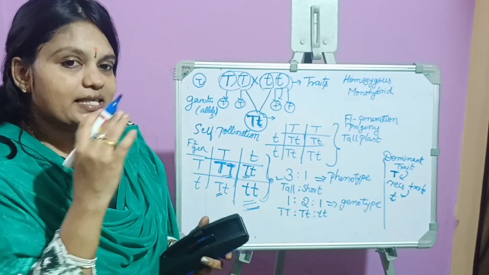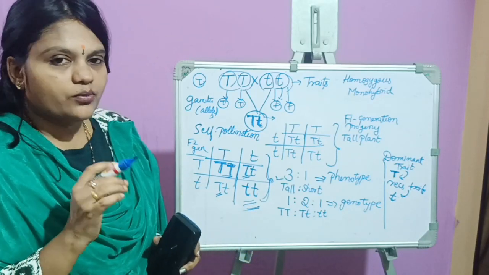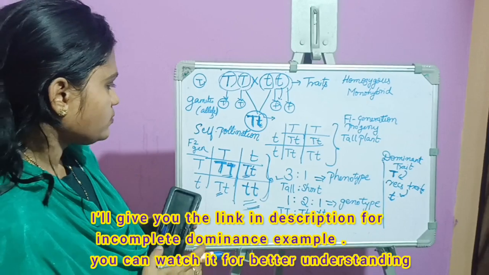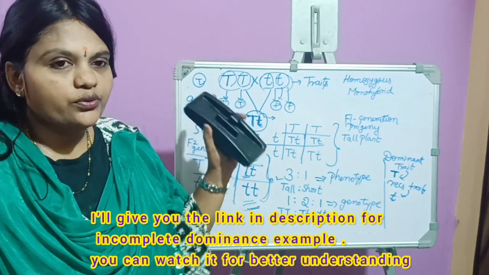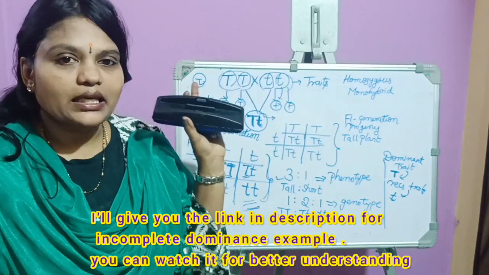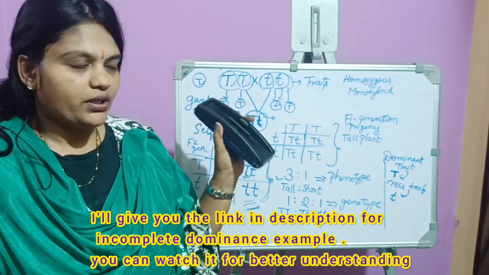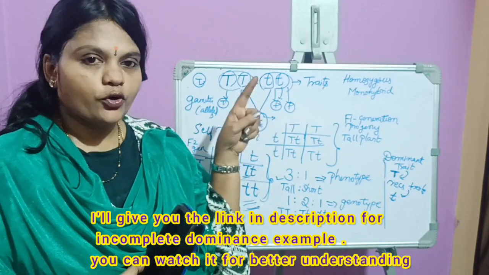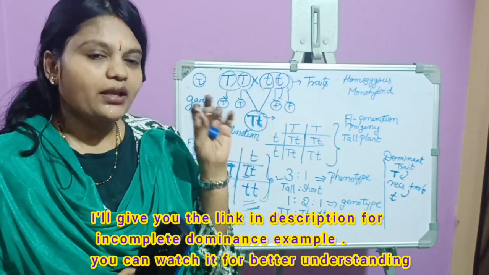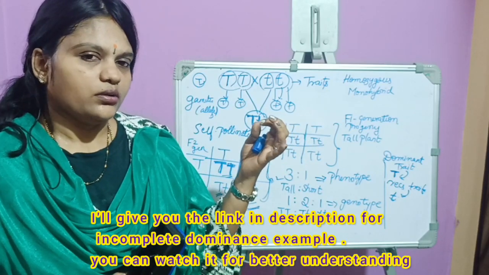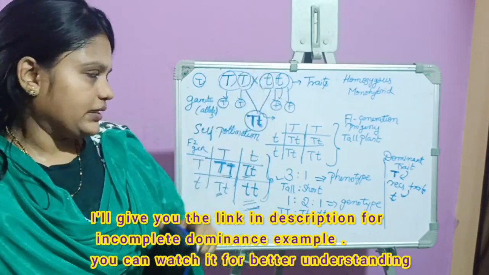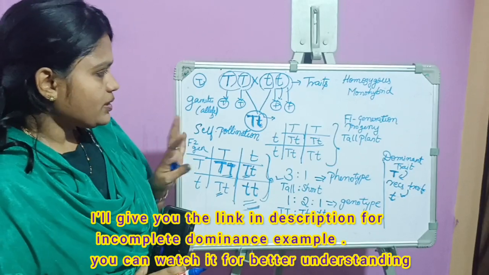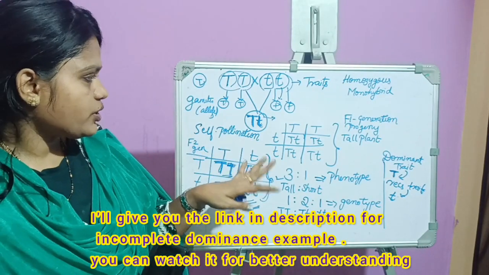Again, it is an example of incomplete dominance. So watch the four o'clock plant incomplete dominance example and try to work out curly hair and straight hair.